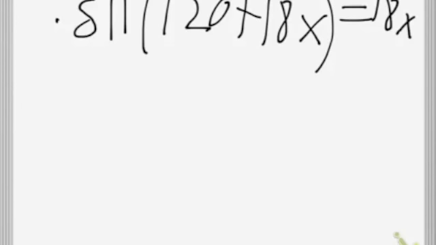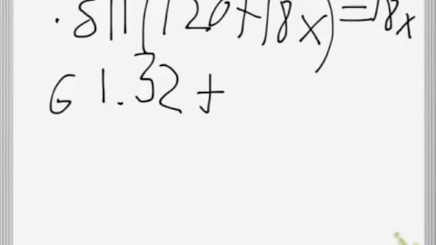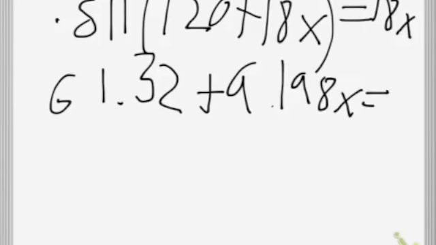And when we distribute, we should get 61.32 plus 9.198x equals 18x.